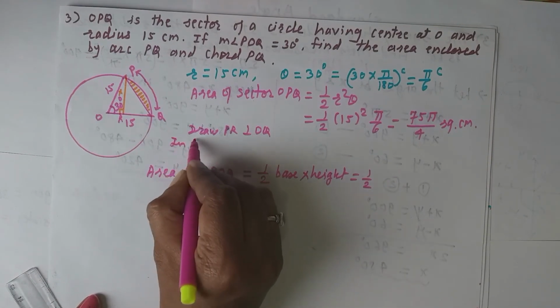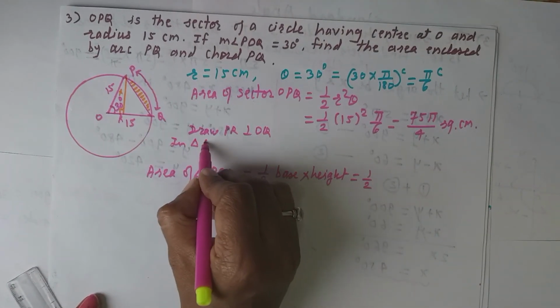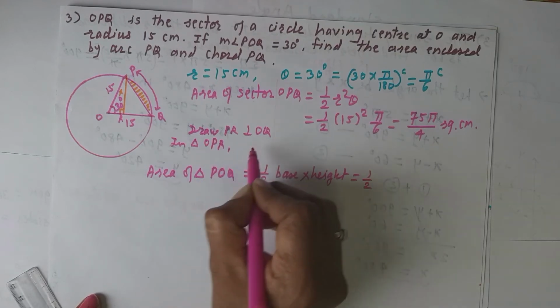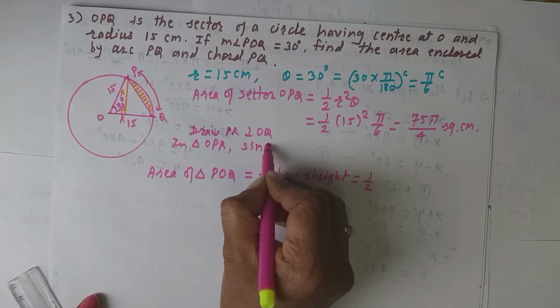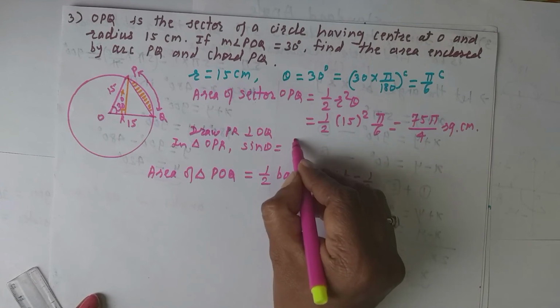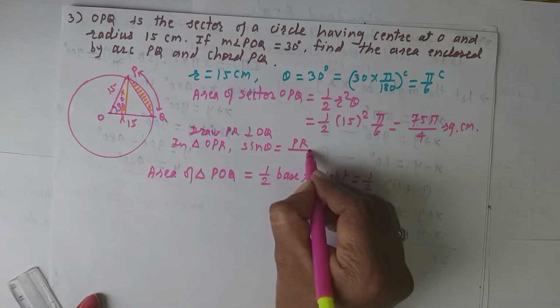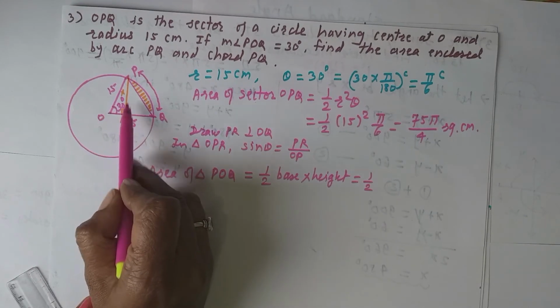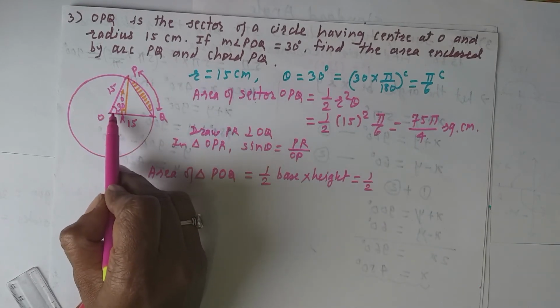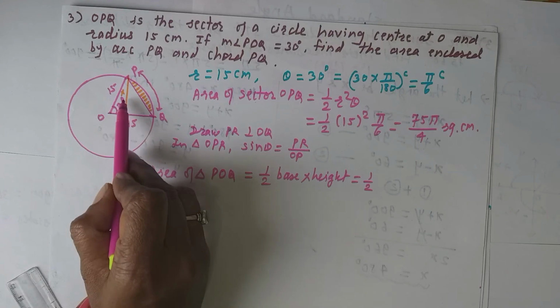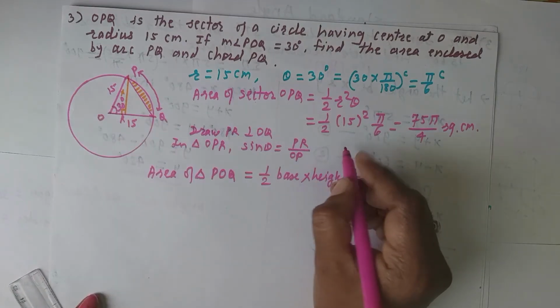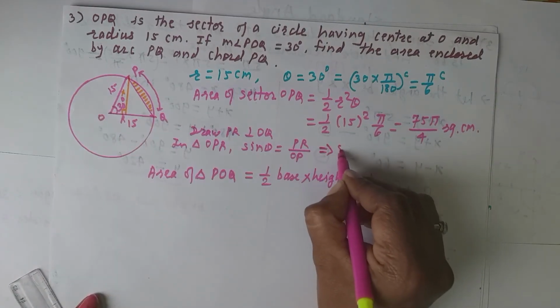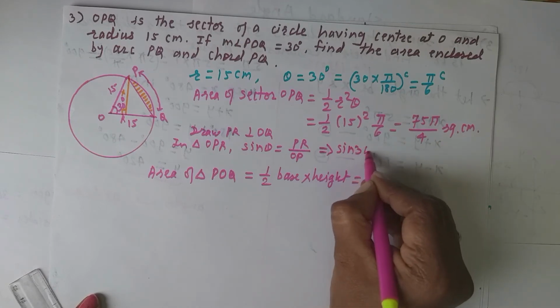Then consider triangle OPR. In triangle OPR, what will be sin theta here? Sin theta will be the opposite side PR divided by the hypotenuse OP. Theta is 30 degree.